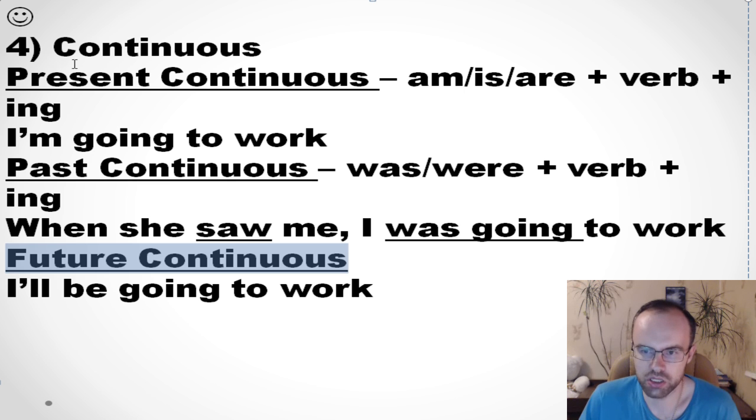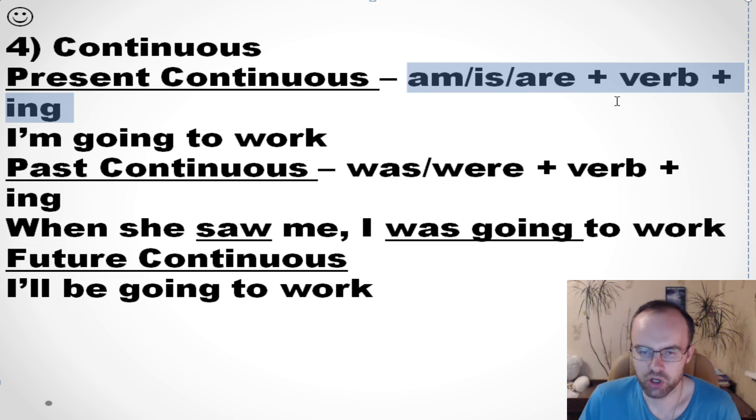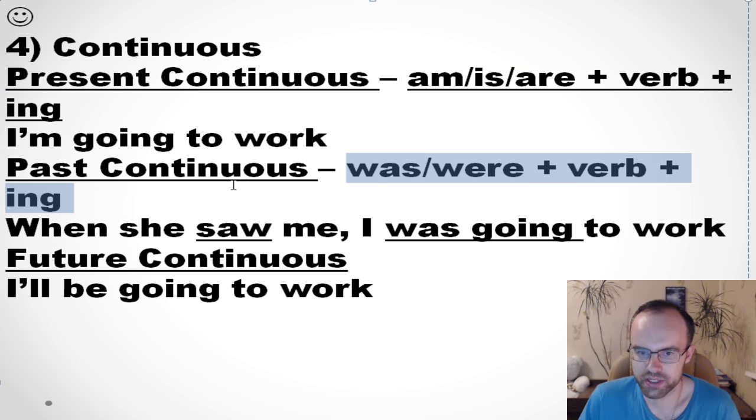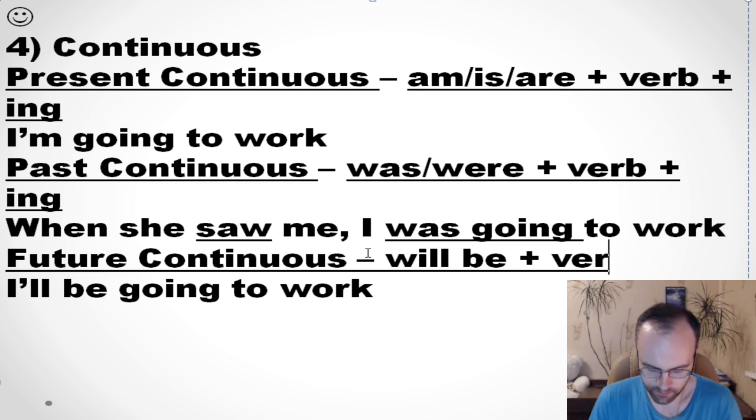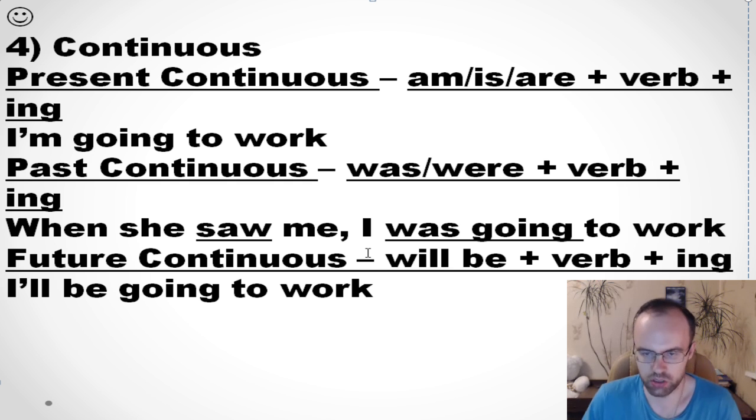So you see continuous, present continuous, am, is, are, plus verb plus ing. I'm going to work. Past continuous, was plus verb plus ing. And future continuous, will be plus verb plus ing. So I'll be going to work.